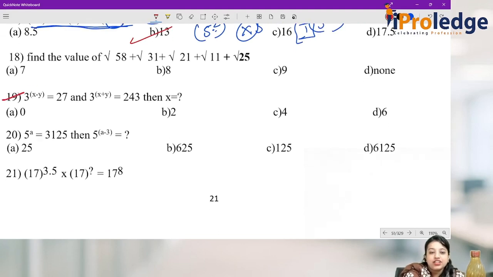Next, try the 19th one. Eight. We don't have 8. I'm telling you to find the 19th one now.